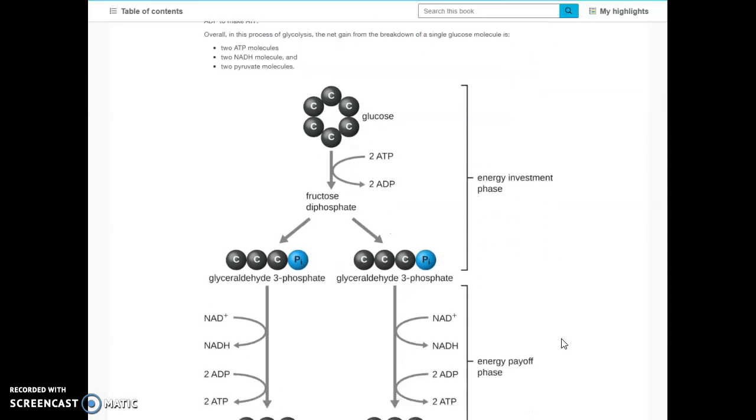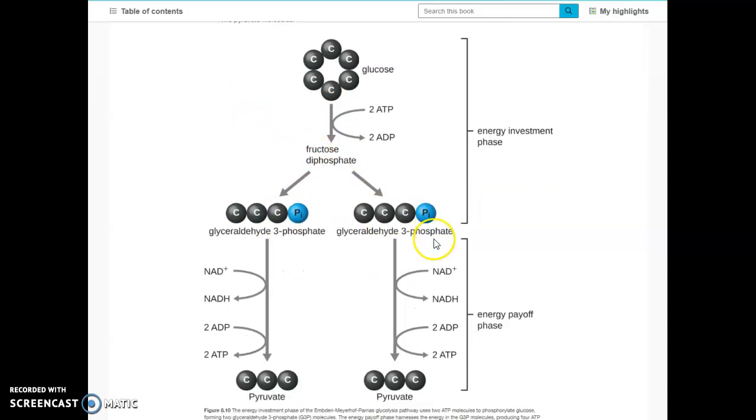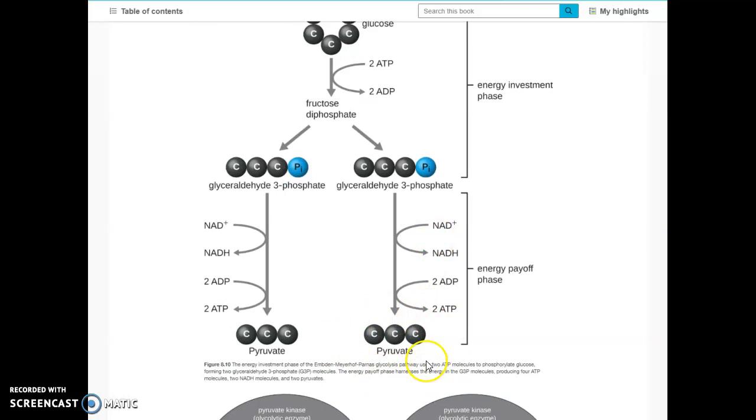So this is a very simplified model or representation of what glycolysis is. So we start with 1 glucose molecule, and we're going to get this intermediate, and then we're going to get another intermediate, and finally end up with pyruvate here.